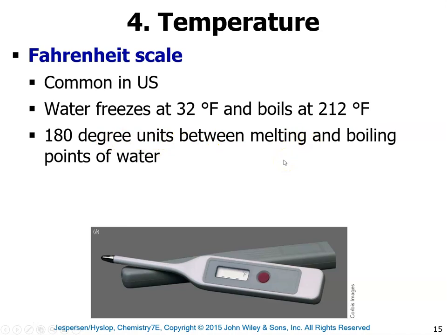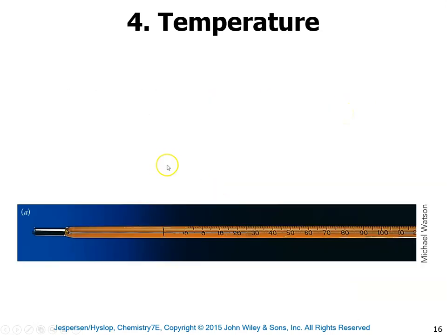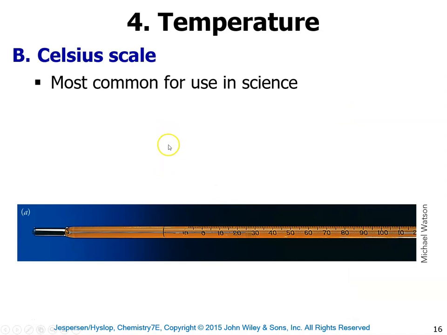So someone decided, if we're going to do a more systematic method, a good way to be able to calibrate these things would be to look at the freezing point and the boiling point, and to more systematically make these easier to read. So if we have the Celsius scale, actually more commonly used in science, it's helpful that water freezes at 0 degrees Celsius.